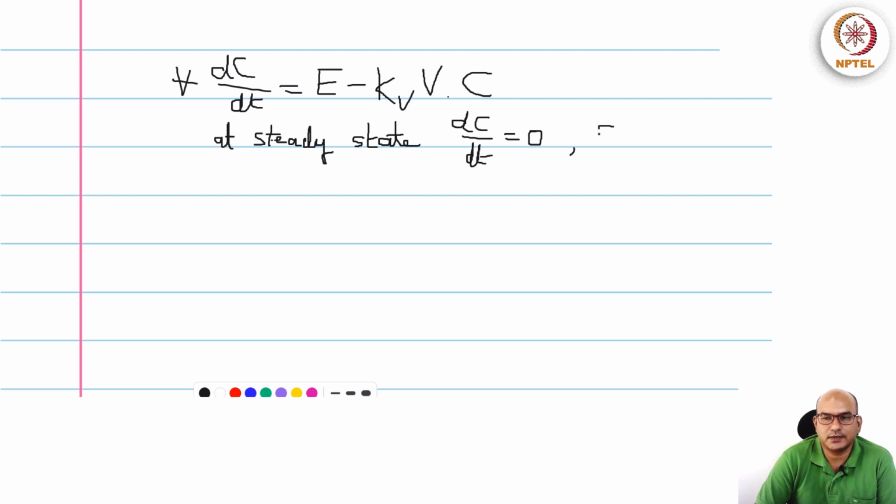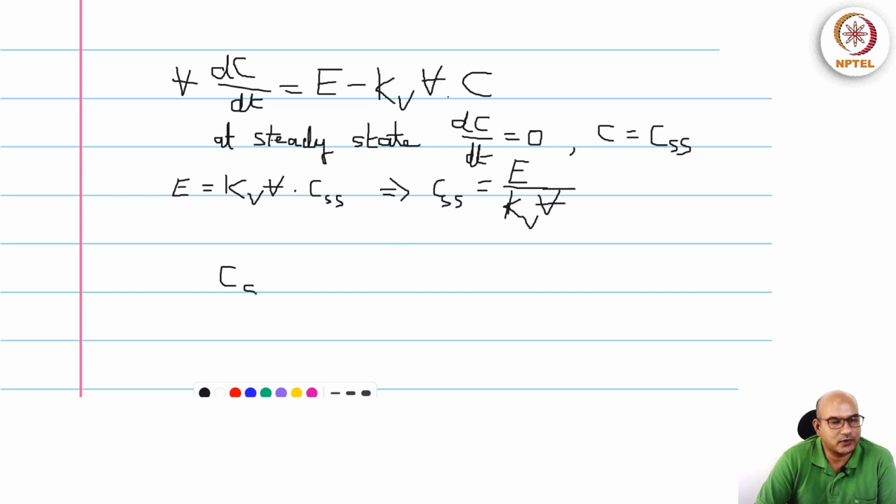We will say C is equal to C steady state, and that will mean E is equal to kV times volume times C steady state, which implies C steady state is equal to E divided by kV times V.